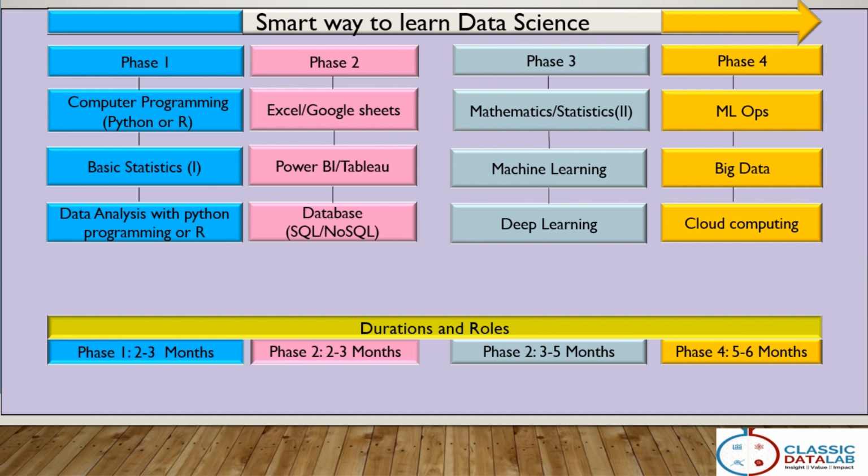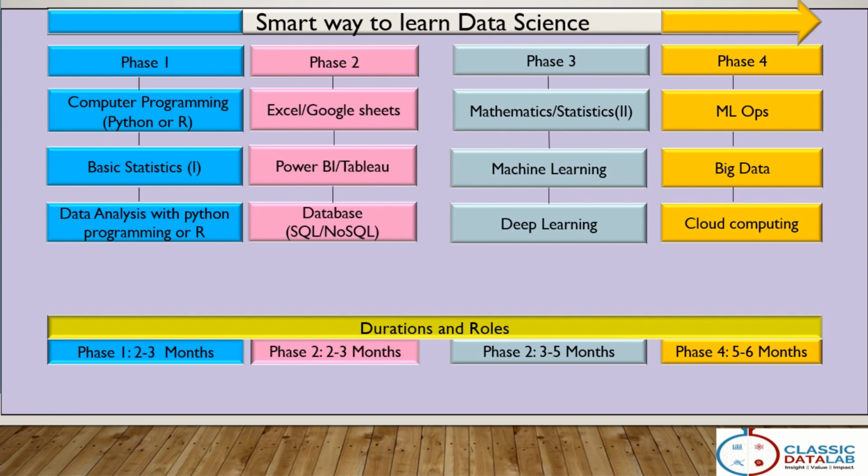And therefore, you need to be a master of whatever you are doing so they don't commit errors. You don't cause the company to lose millions of dollars, right? So you need to be very, very confident at this point, before you take a role as a machine learning operationist or big data analyst or cloud computing engineer, right?